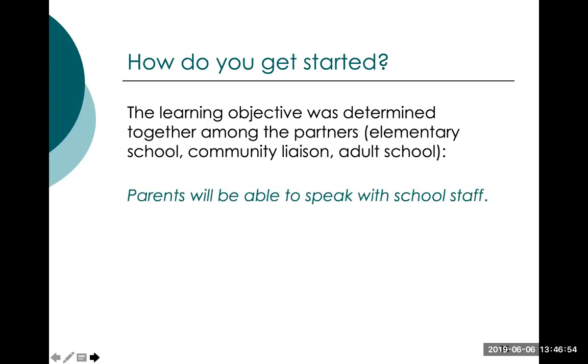And the instructional goal was for parents to be able to speak with school staff and to ask questions. And this led to a very focused, school-centered ESL curriculum. The language skills were embedded and contextualized within the content. With a single class offering by default, the class is multi-level.